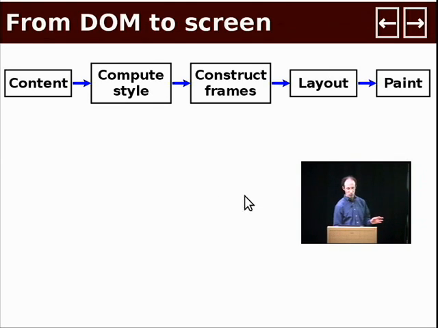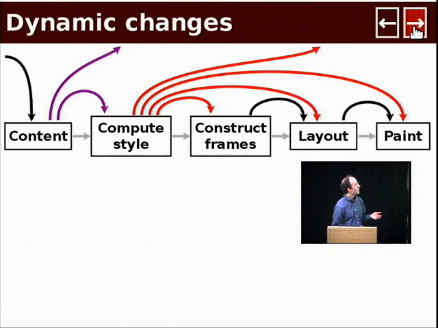Now, when you're building applications, you end up potentially dealing with more possibilities here. So there's a bunch of different types of dynamic changes that can happen when you're writing script, to cause changes in this whole pattern.